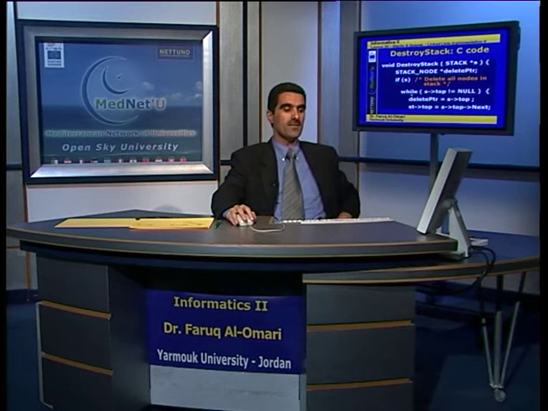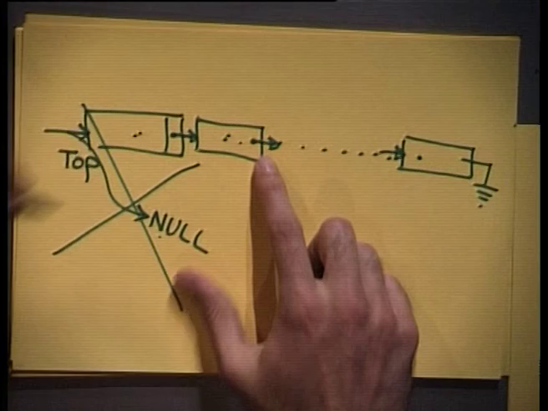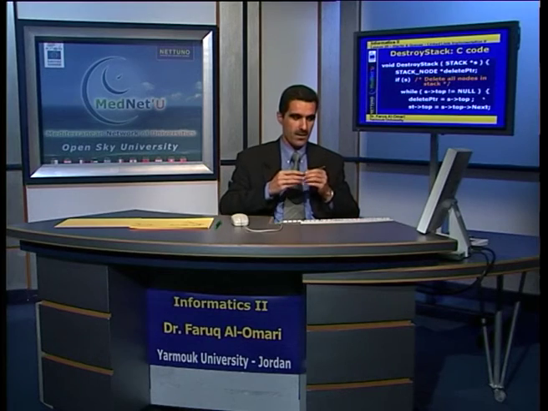Okay, so what I'm saying, while top does not equal to null, S arrow top does not equal to null, there is something in the stack. Okay, make this pointer points to top. So put this pointer, delete pointer up here at the beginning.